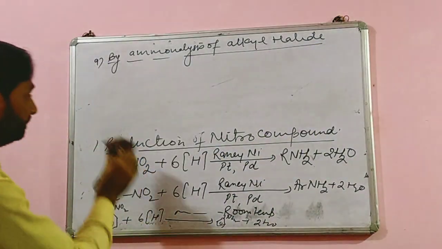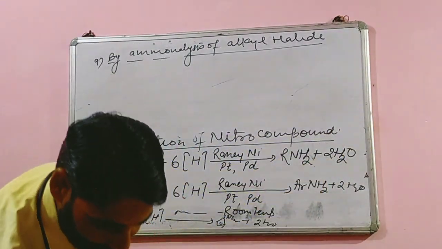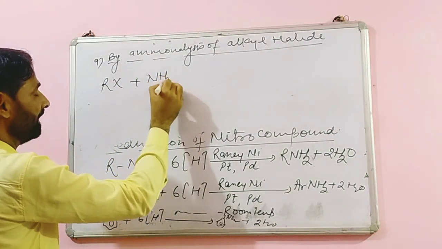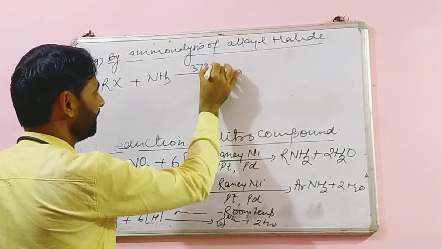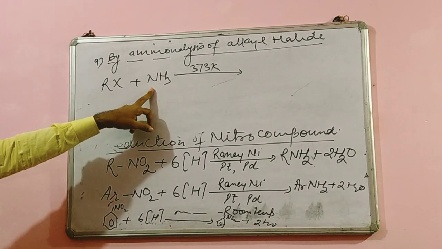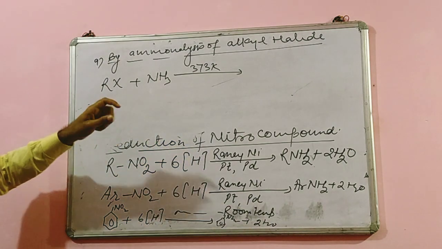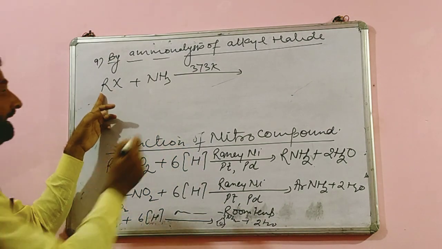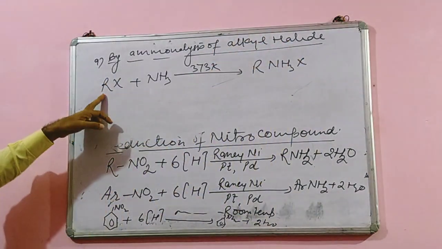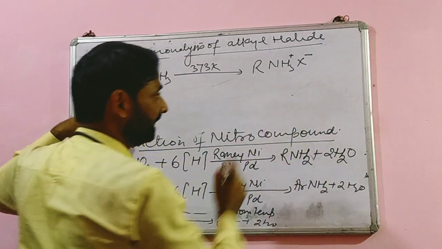So all of you pay attention. Ammonolysis means reaction with ammonia. Look, alkyl halide means RX, and it reacts with ammonia. This reaction goes at 373 Kelvin. Now students, what will happen? Understand carefully: this NH3 compound will first form an addition compound with it. Addition means both add together, R NH3X. Listen, this is R, this is NH3 and this is X. You know that this is positive and this contains the negative.